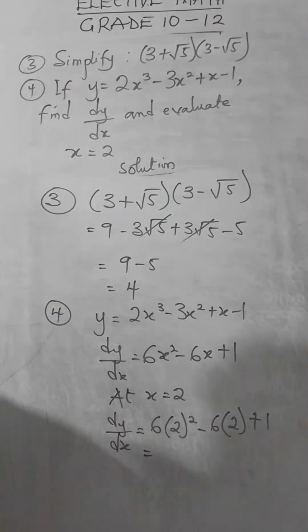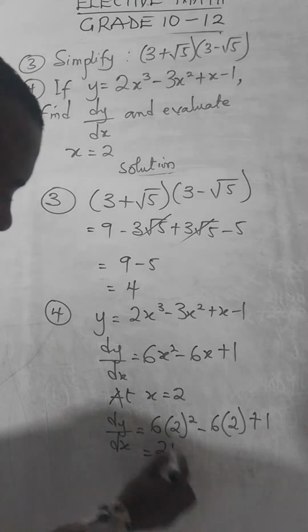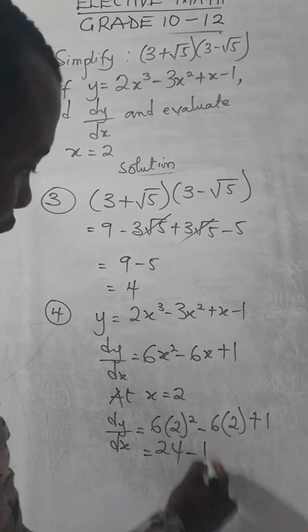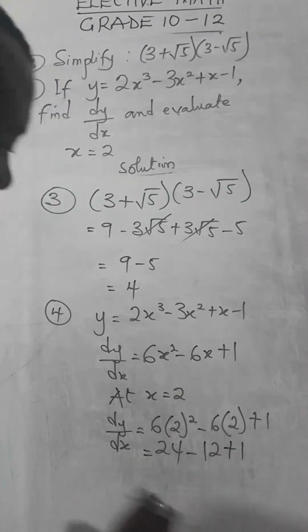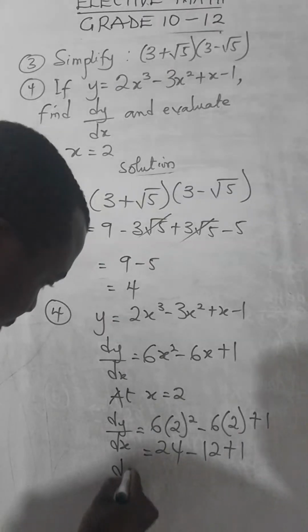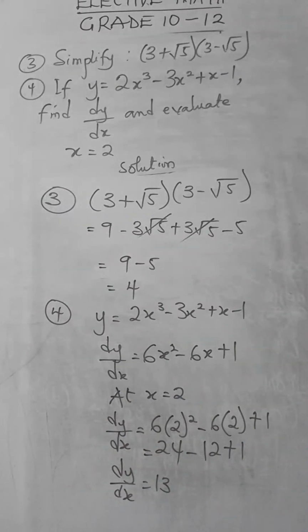So here we get 2 squared, that is 4, and then 4 by 6 gives 24. And we have this one to be 12. So this is 24 minus 12, that is 12. 12 plus 1, 13. So this gives us 13 here.